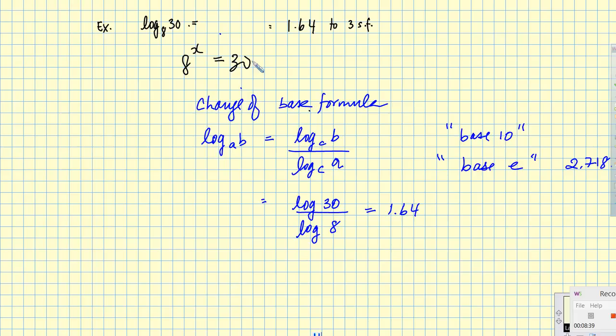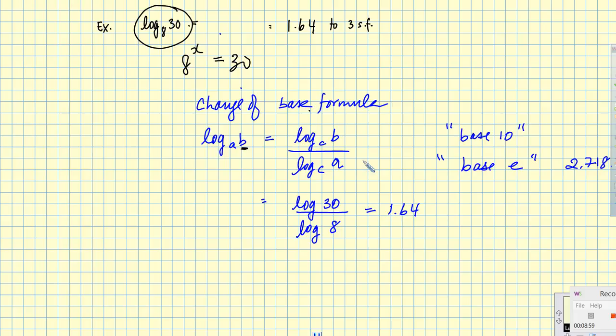So because I can't bring it down to the same base, I go back to my original question and I use my change of base formula, where I say log base c of b, so my b is the number that I'm looking at, divided by the base. So I'll take log base 10 of b divided by log base 10 of a, and it'll become log base 10 of 30 divided by log base 10 of 8.